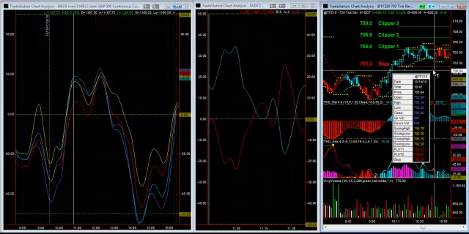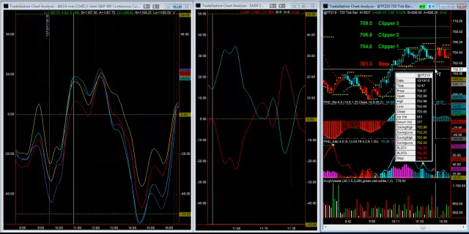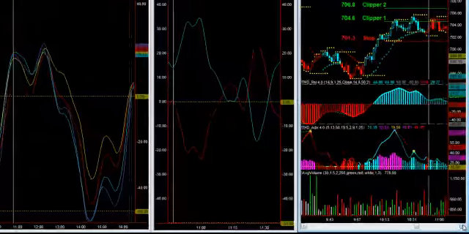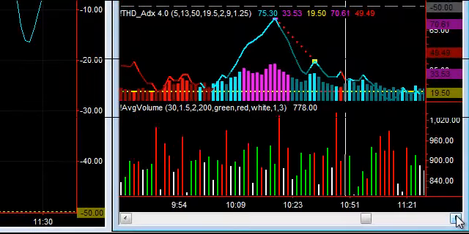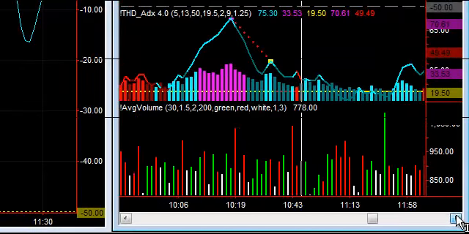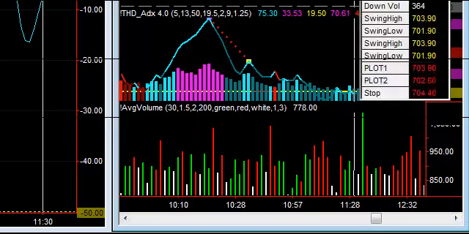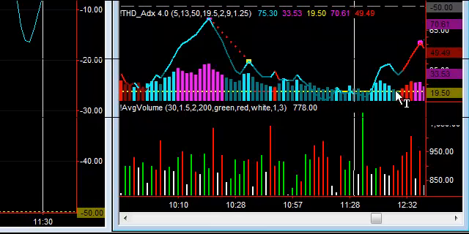Now, as you can see at this point, the sellers tried to come in, take control. Again, they failed. This is a good example of you're not going to take that trade yet. Okay? So at this point, notice that the ADX has not turned red consistently.